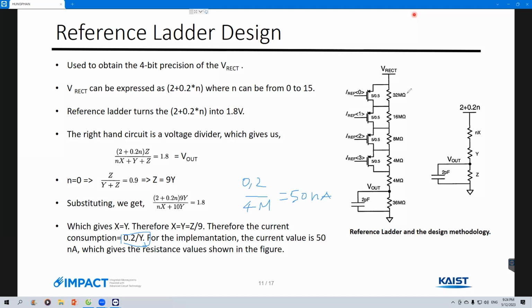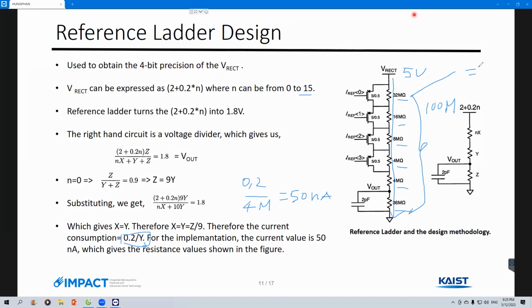The 50 nanoampere is the current flowing from here to here, to ground, right? For example, here this is 5 volt, right? The total here is 3 plus 15, 8, 4, 15, right, 100 meg.